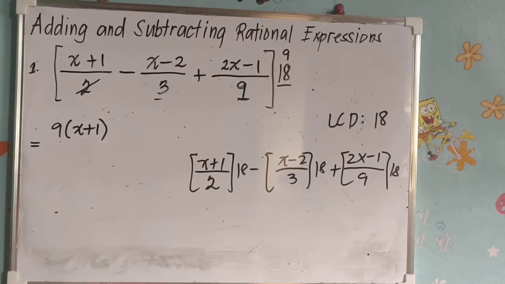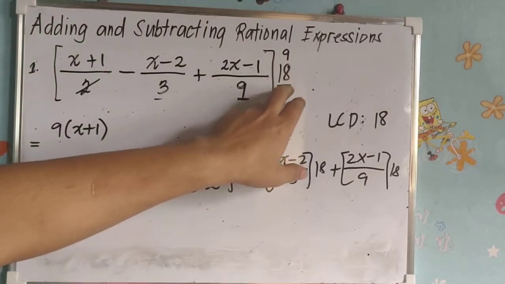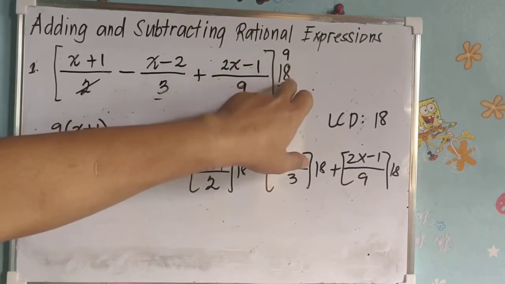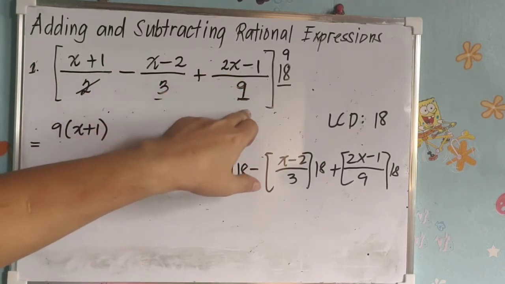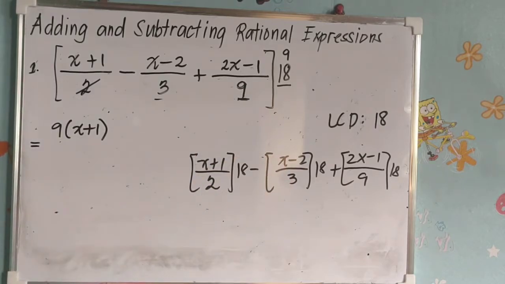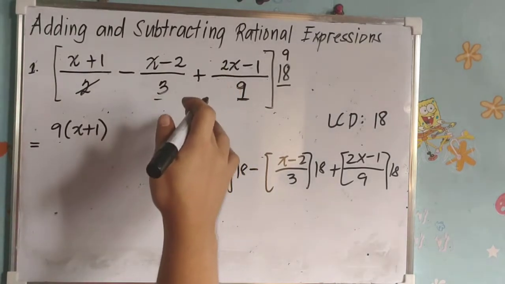But in my case, it is convenient for me to simply put the LCD here and then multiply it directly to each rational algebraic expression. Anyway, as long as the process is correct, you will arrive at the same answer. Okay, so let's move on.